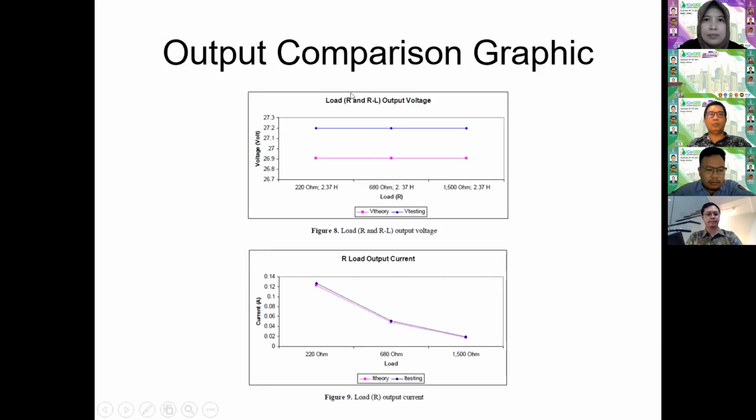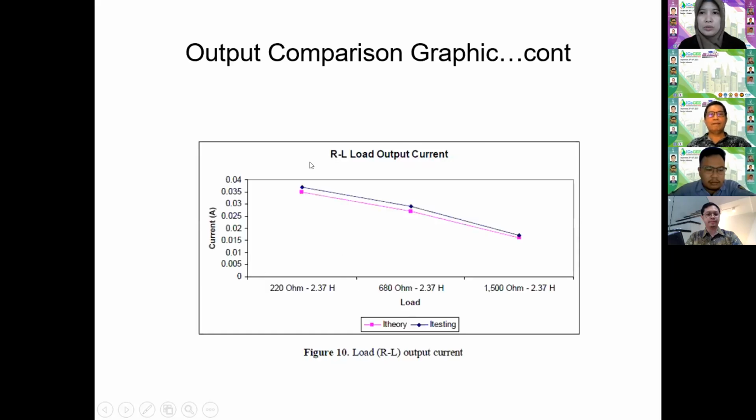This is the output comparison graphic. You can see it in our PowerPoint presentation. The load output voltage, load R output current, comparison between theoretical and testing result. This is for load output current, comparison between theory and testing.